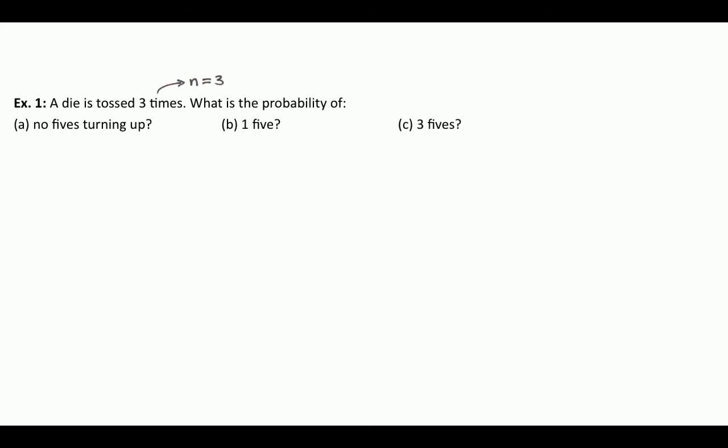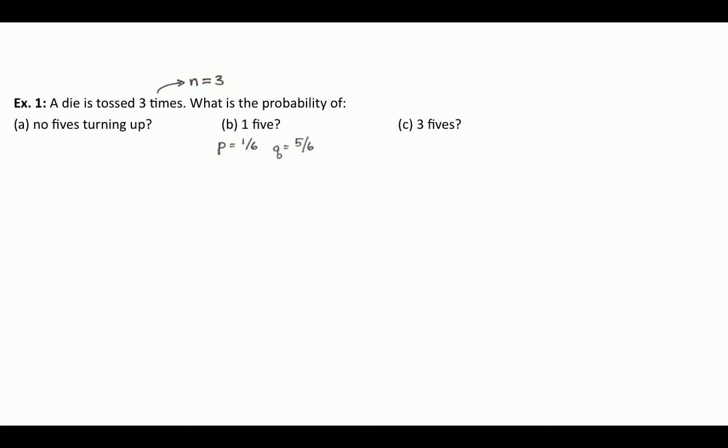So if I'm looking at 1 5, that's telling me a little bit of information. Because this is a dice, the probability in any individual trial of getting a 5 is 1 in 6. And since we're saying, all right, I want 1 5, I want 3 5s, I want no 5s, then getting a 5 is a success. That's what we're interested in. So p is equal to 1/6.